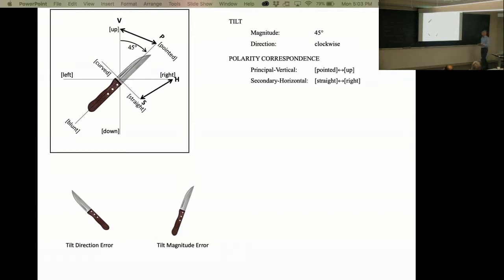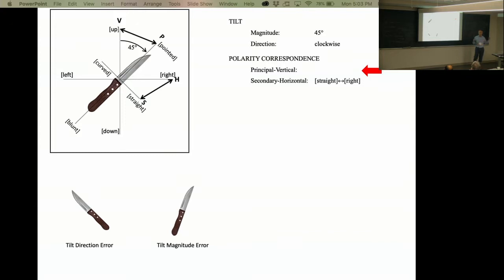All right, from our perspective for today's purposes though, the more interesting errors can occur when you have trouble with the polarity correspondences, with how the poles of the object axes are related to the poles of the extrinsic axes. So suppose, for example, that you have trouble with the relationship between the principal axis of the object and the extrinsic vertical axis, and you forget how that was situated.